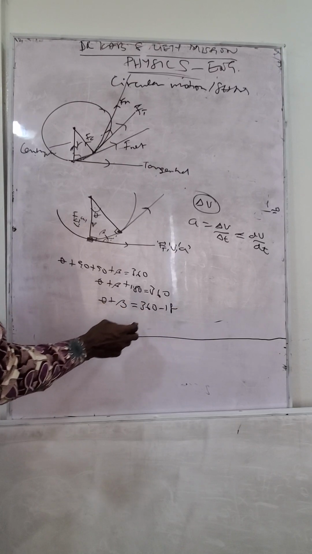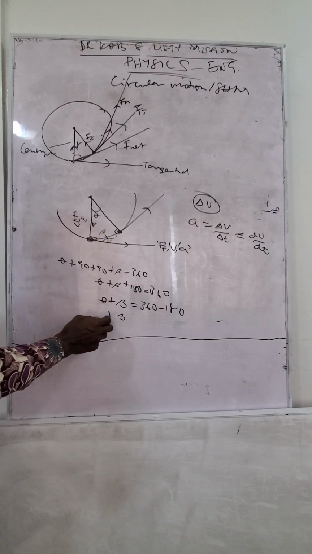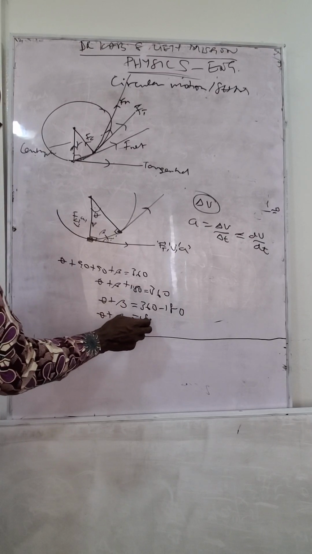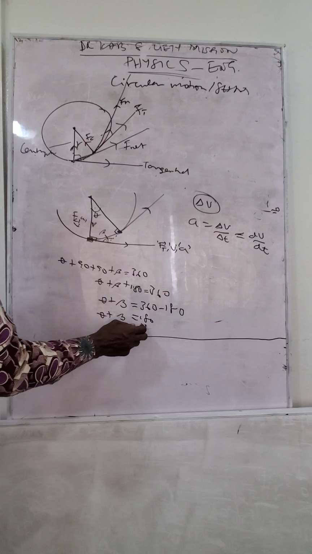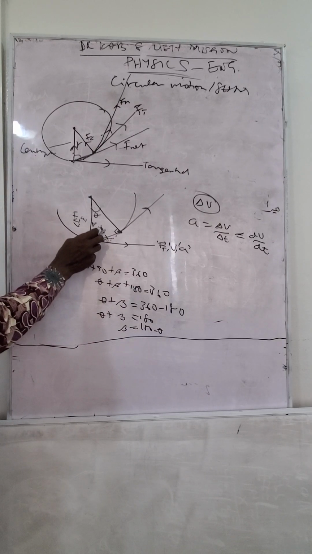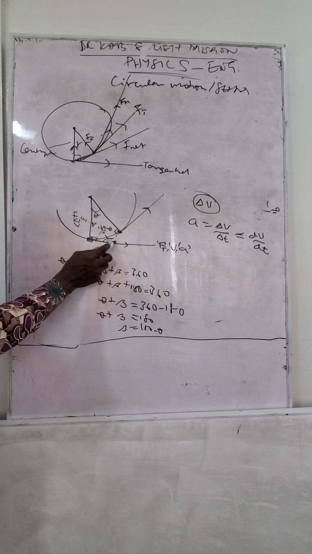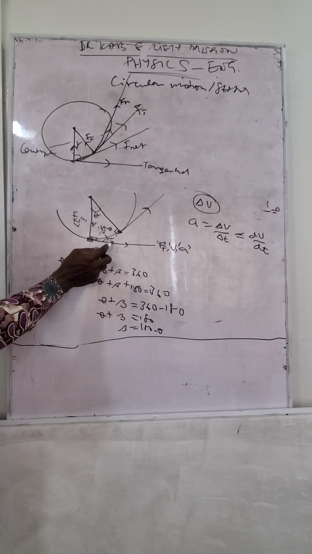Theta plus beta is equal to 360 minus 180. So we can see that beta plus theta is equal to 180. In that sense, beta is equal to 180 minus theta. So beta here is equal to 180 minus theta. So if here is 180 minus theta, this whole angle is also supposed to be what? Supposed to be 180. Okay?